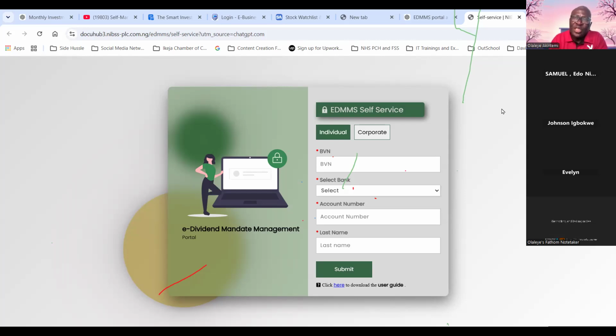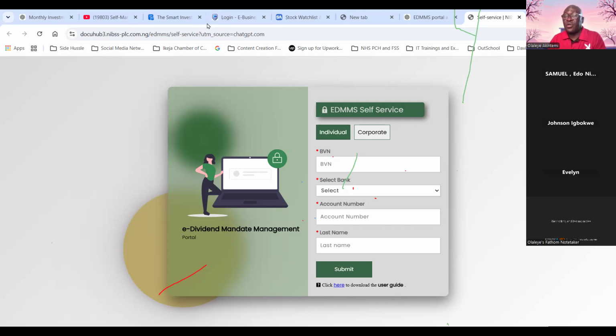And you have to attach all the documents to that email, proof of address and proof of identity and whatever else that they want you to attach. You do it manually and you send by email. But why do you want to fill the form manually when you can do everything online? If you do it online, you just upload your documents, attach them, and submit. So this is how you do your e-dividend mandate.